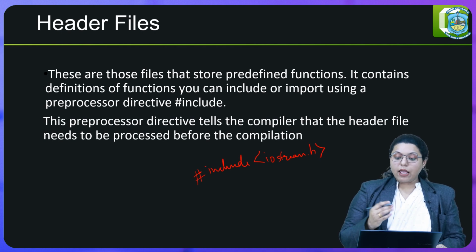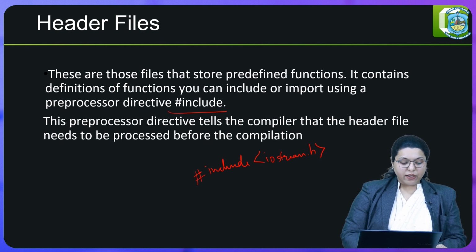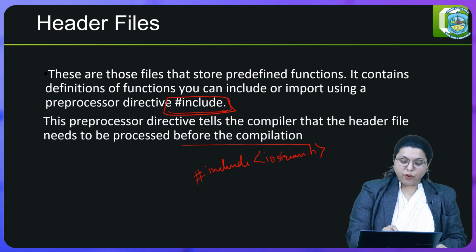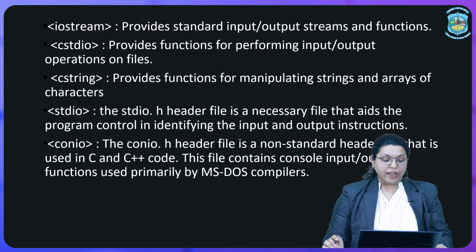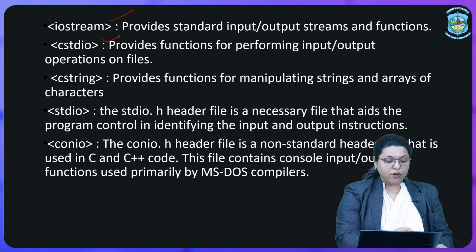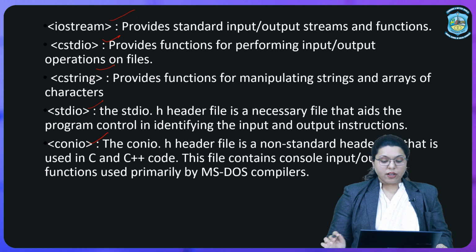You can include or import them using a preprocessor directive, hashtag include, right? This preprocessor directive tells the compiler that the header file needs to be processed before the compilation. Clear? These are a few examples of header files: iostream, stdio, cstring, conio, and so on.